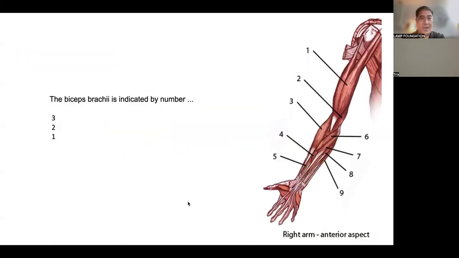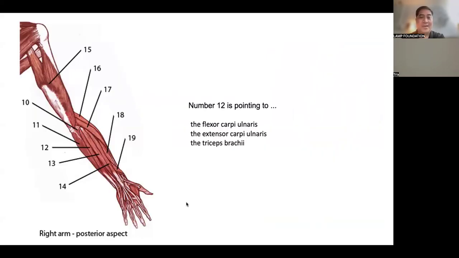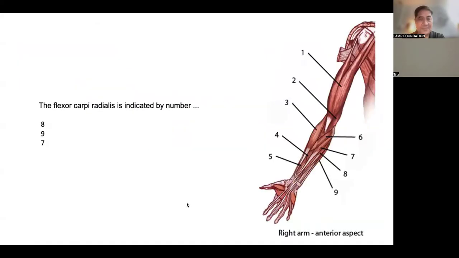Okay. And the biceps brachii is what number? Number 1. Yes. This is what people want to show off, no? Number 12 is the extensor carpi ulnaris.